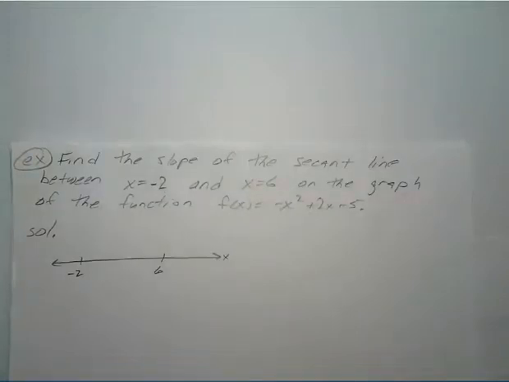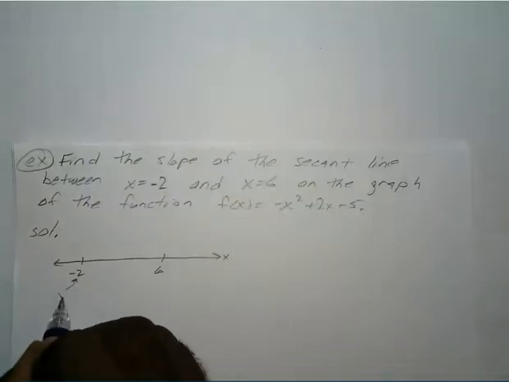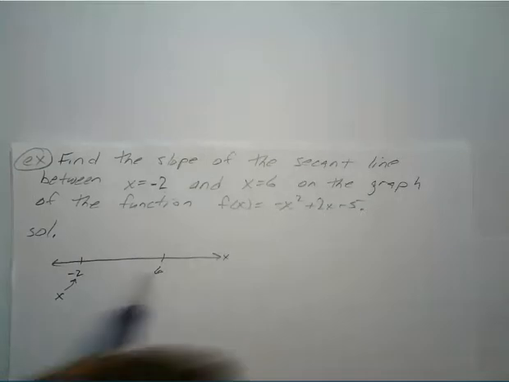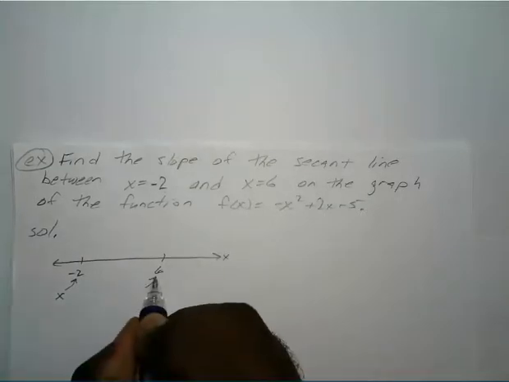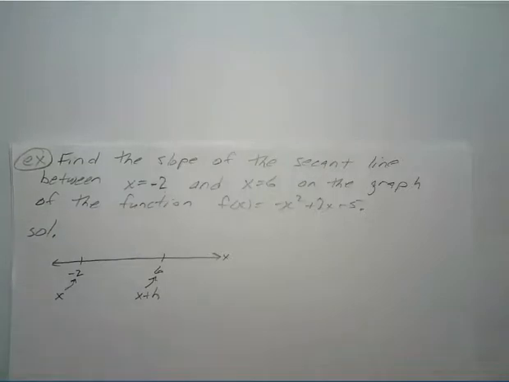The reason I like this is because our -2, that's our x, and our 6, that's our x plus h. So what does this tell us?